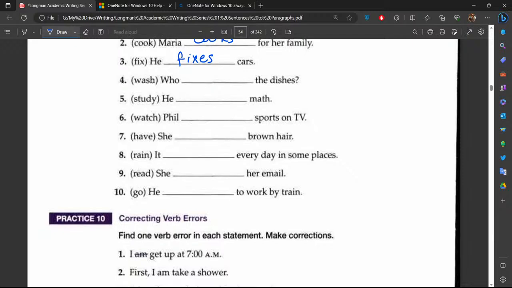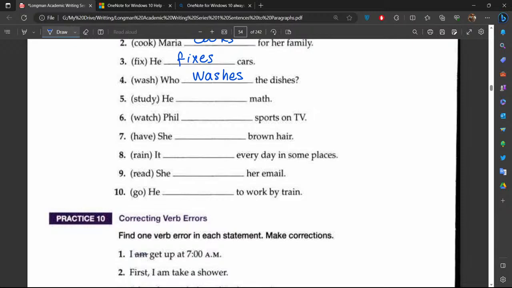The fourth, wash, sh, it takes es again. Who washes the dishes? Who is like giving an indication that it is one person who will wash the dishes.